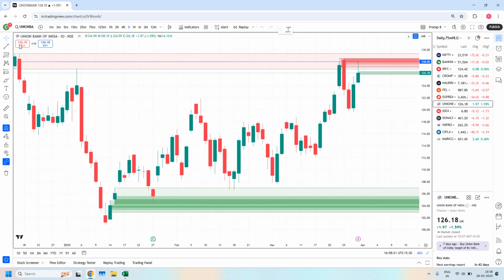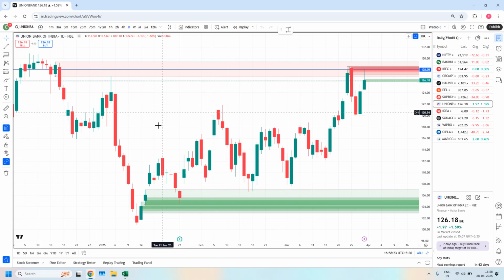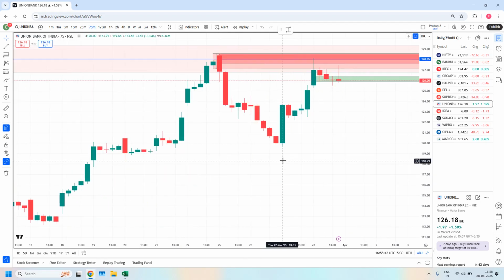Okay, our software identified Union Bank as failed ERC as a rally base drop. This is the zone identified by our software. This is the daily high liquidity supply zone. And this daily high liquidity supply zone is fine-tuned with 75 minutes time frame.